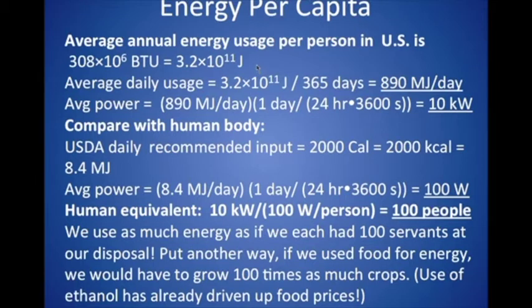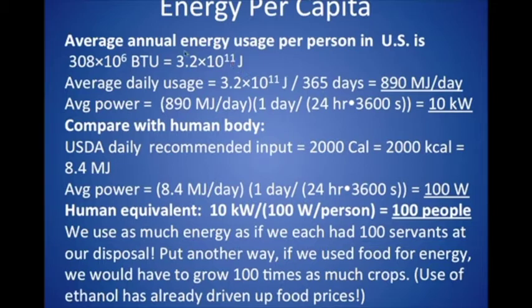This is just a little analysis looking at per capita energy usage. The annual average energy usage per person in the United States is about 3.2 times 10 to the 11th joules. And that's including industrial usage, office buildings, everything.